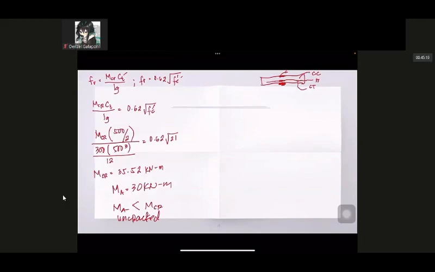So let's continue. After we have solved for MCR and identified if it is crack or uncrack, what is our next step? Ano na ulit gagawin natin?